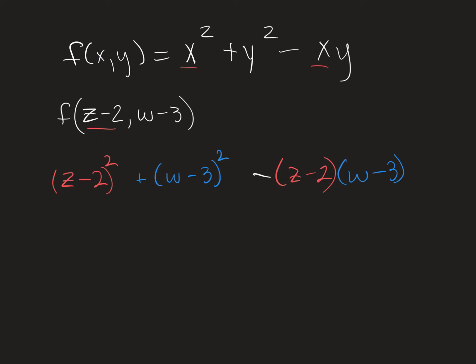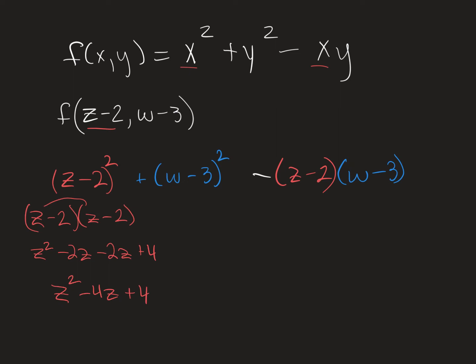We have to do z minus 2 times z minus 2. I'm going to FOIL out the first one, but from there I will take a shortcut. So you get z squared minus 2z minus another 2z plus 4. So that becomes z squared minus 4z plus 4.